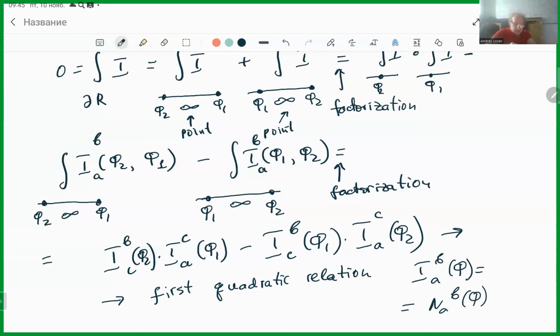So I was a function, and n is its integral.